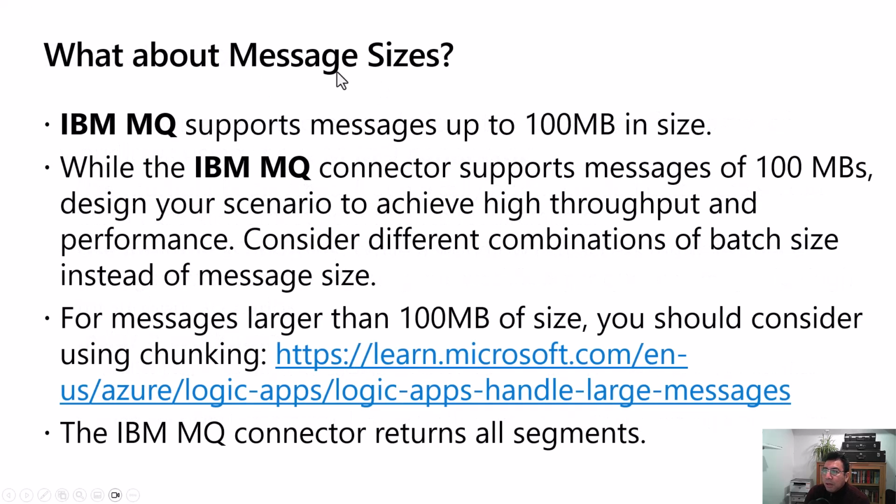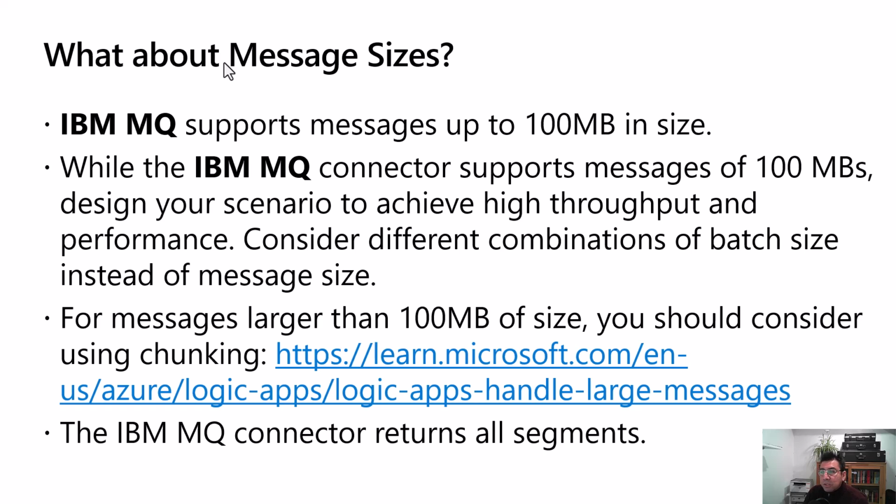One more thing about IBM MQ messages is the sizes, right? IBM MQ supports messages up to 100 megabytes in size. z/OS or mainframes have this hard-coded. It's more dynamic in other environments, while the IBM MQ connector supports messages of 100 megabytes.